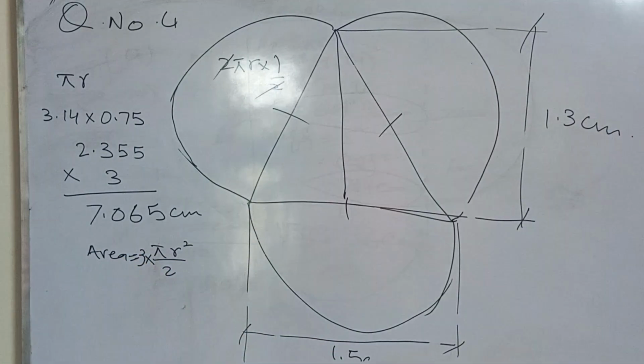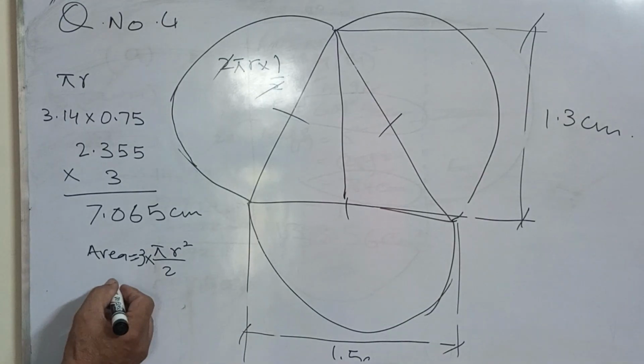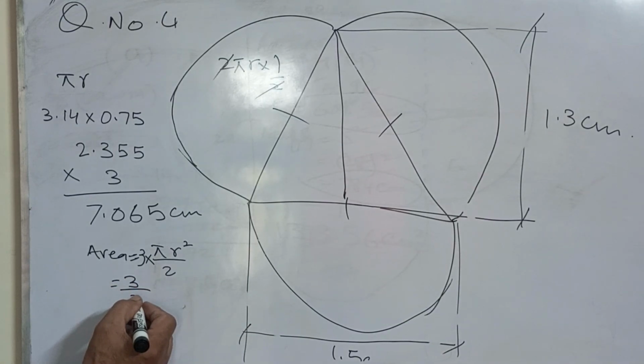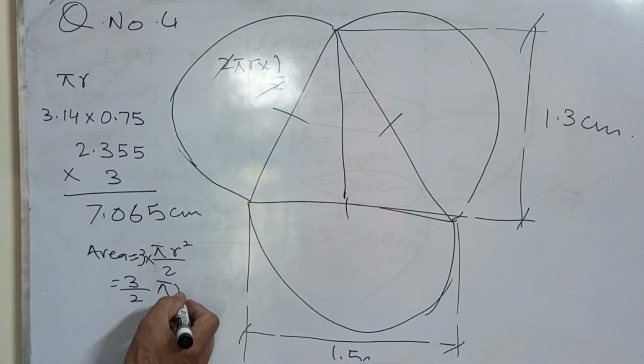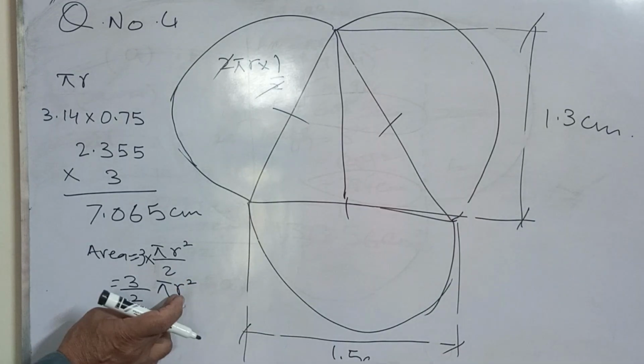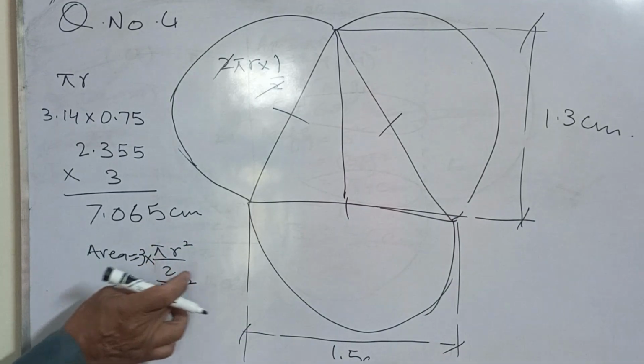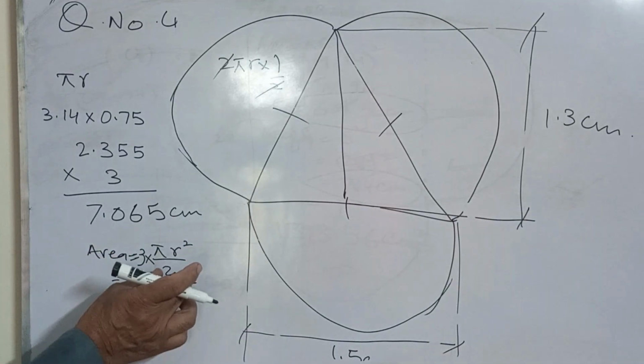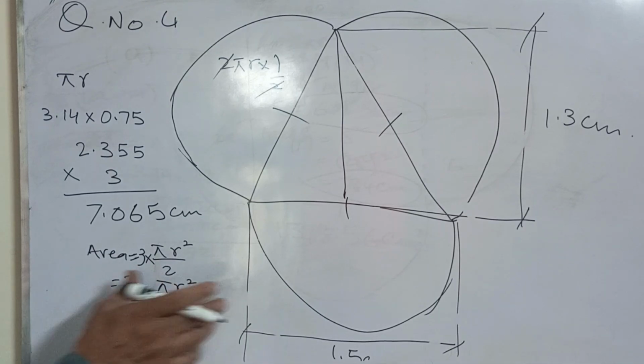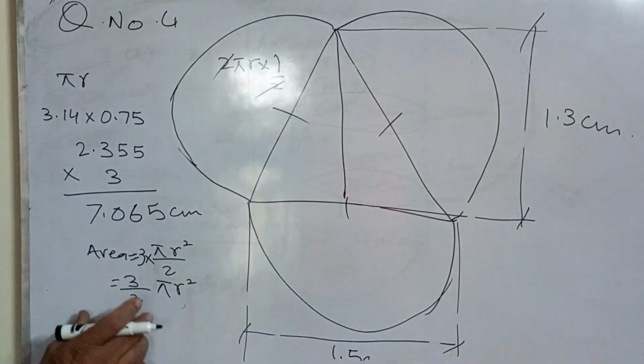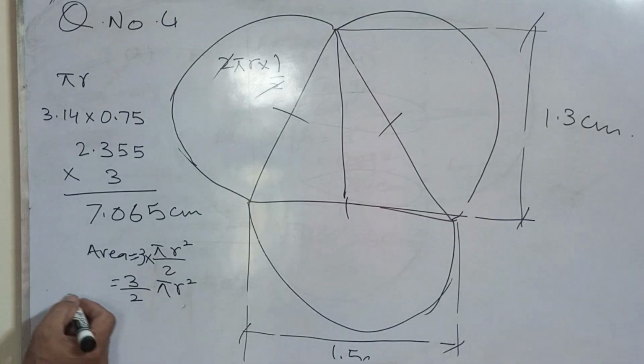So the total formula we have formulated is the area of a half circle multiplied by 3, that means all the 3 half circles.